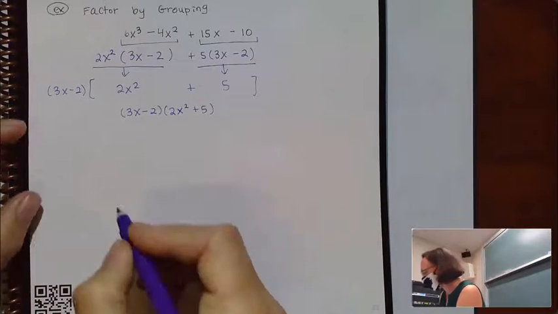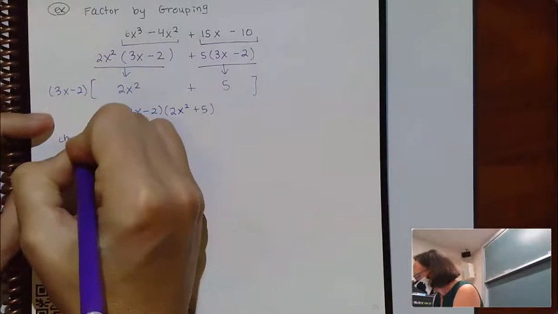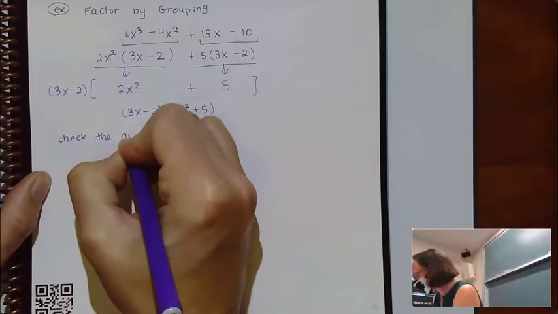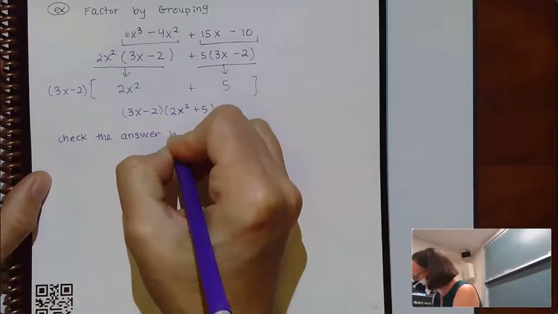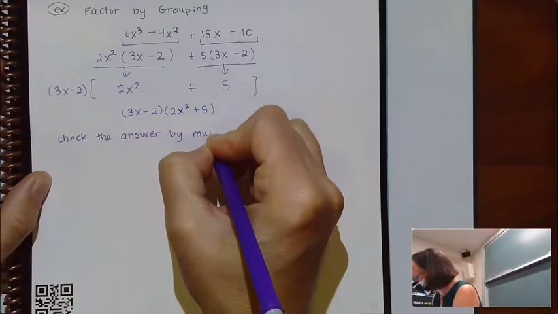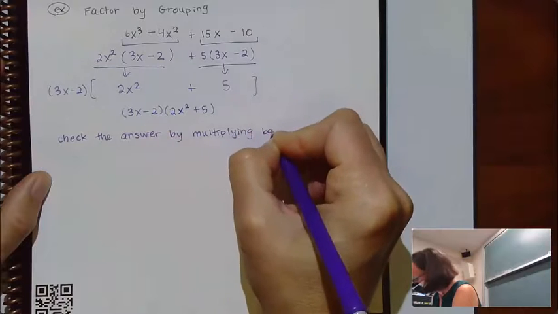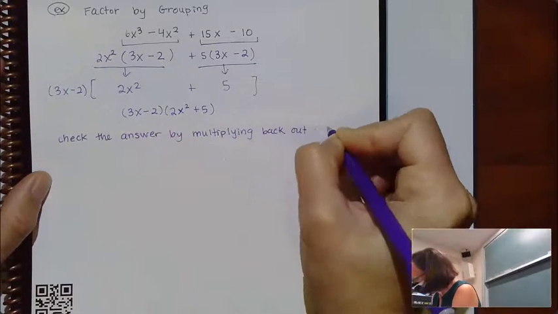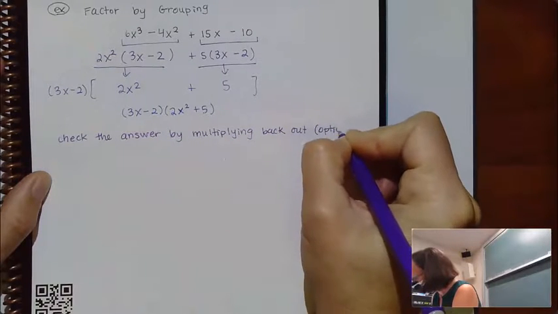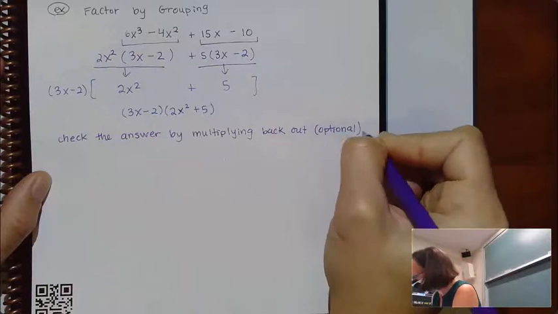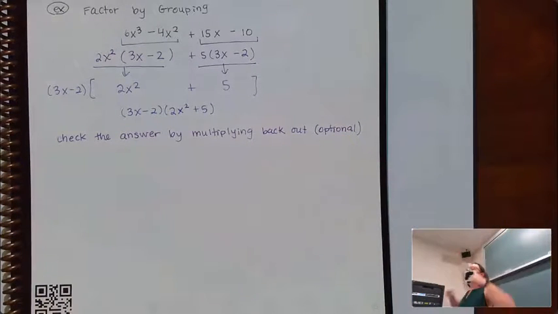So anytime you're factoring, we can check the answer by multiplying it back out. And I'm going to write this as optional because if I don't, I know that some of you will do it every single time. Have some faith. You've got some skills. But yeah, let's check it.